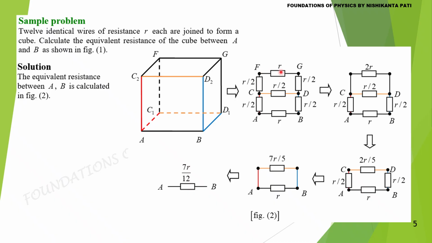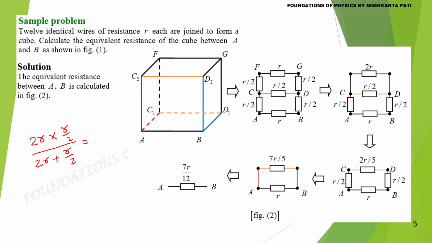These three are in series. This is 2R. These two are in parallel with R by 2. The effective resistance of these two resistors is R into R by 2 divided by R plus R by 2.